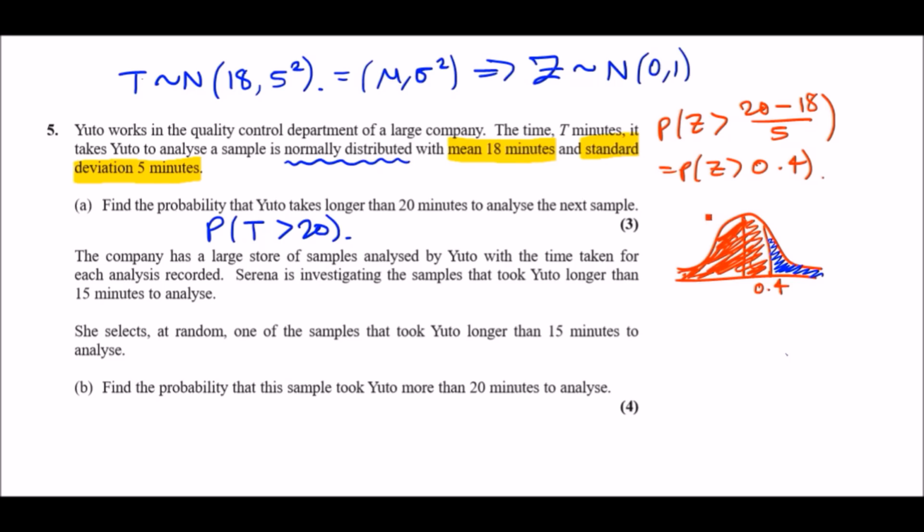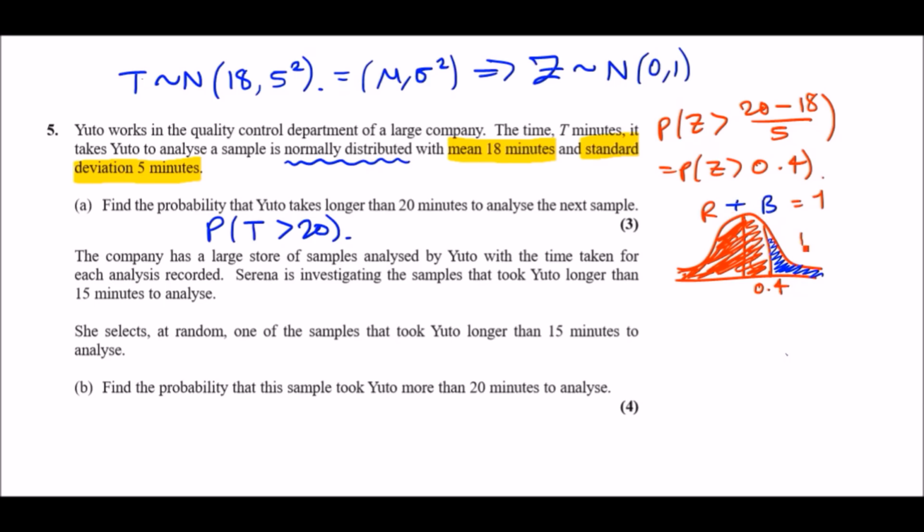I always see this as the red region plus the blue region will always give you a total probability of 1. All these probabilities equal 1. At the moment we have the blue region and we need to find the red region.